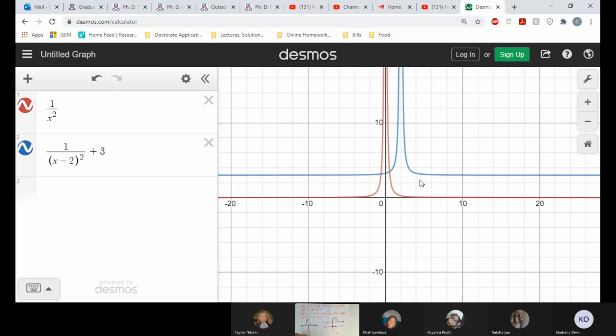The transformed one is in blue. You would say, yeah, that's what I was expecting, right and up. But getting it down on paper can be tricky, and that's why I dug into the asymptotes.